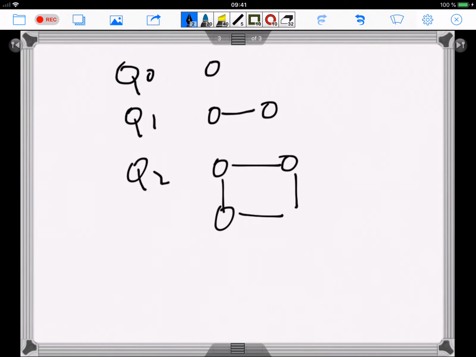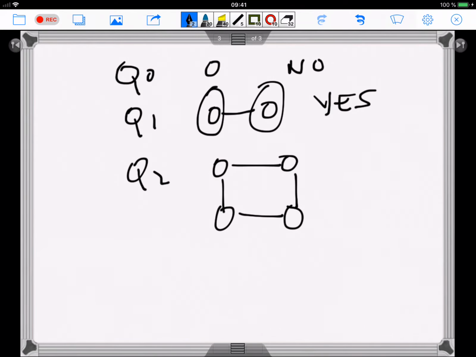Q0 is not bipartite. It is clear that it's not bipartite because we do not have enough vertices. For a graph to be bipartite, it has to contain at least two vertices, to have two different parts. Q1 is clearly bipartite.